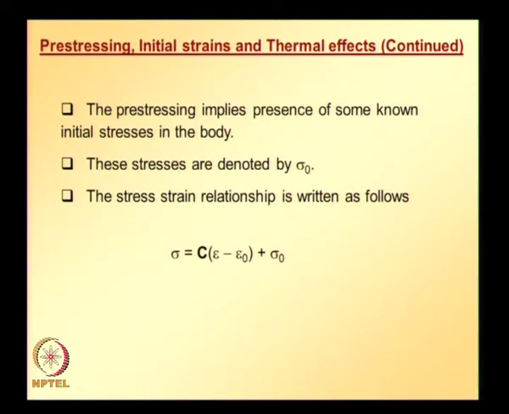So, stresses are going to be given by C times epsilon minus epsilon naught plus initial stresses sigma naught, where C is the constitutive matrix. So, this is how stresses in a body subjected to temperature change or initial strains can be calculated.